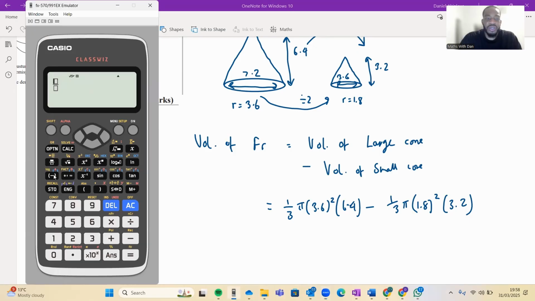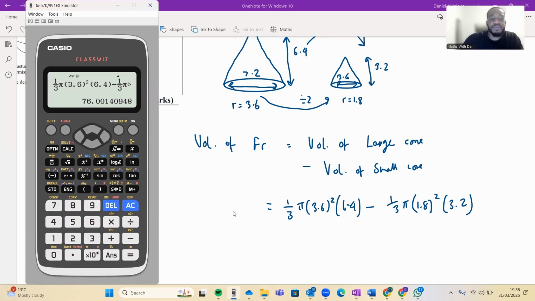Yeah, brilliant. All right, so it's going to be 1/3 pi, 3.6 all squared, and then h, which is 6.4. Take away 1/3 pi, and then 1.8 all squared, and then 3.2.